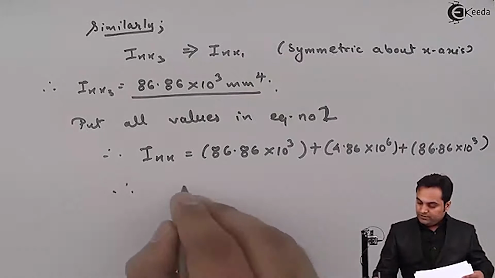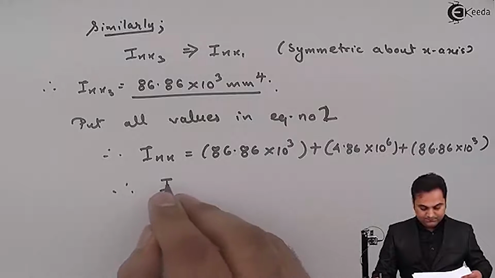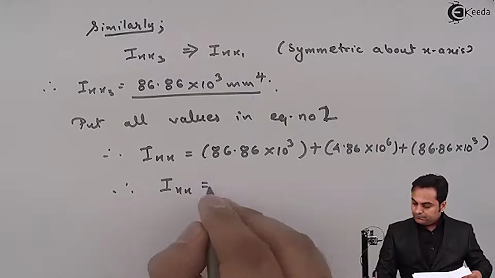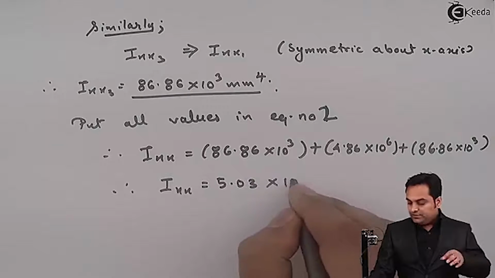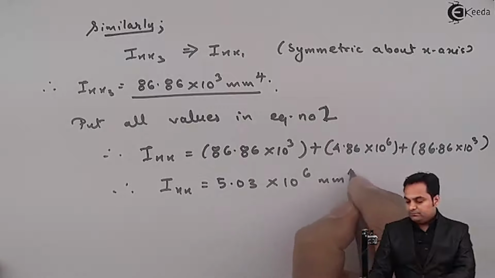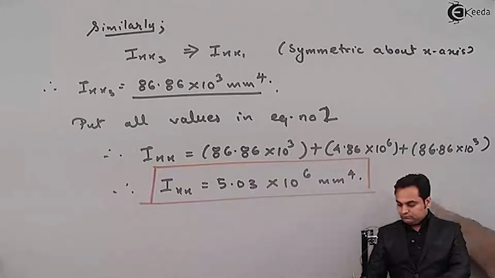Therefore the answer comes out to be Ixx is equal to 5.03 into 10 raised to 6 mm raised to 4. This will be the first answer for us.